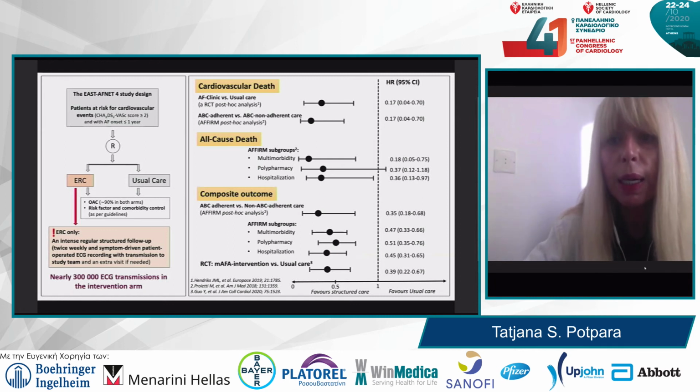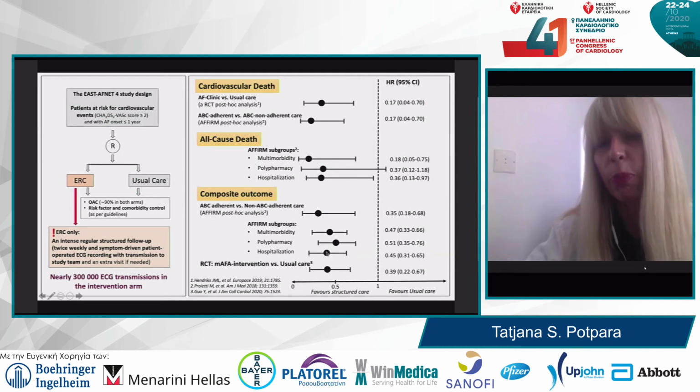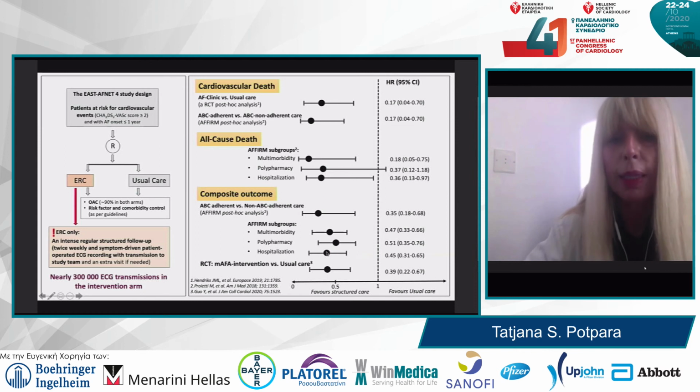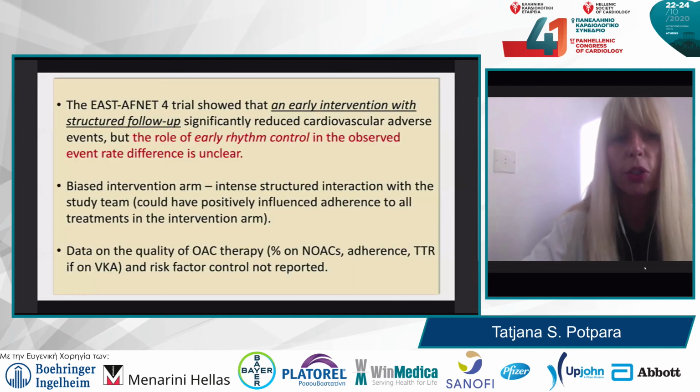It has been clearly shown in post-hoc analyses of other randomized trials, and also in a prospective randomized trial, the mAFA-II trial, that structured, intense follow-up and structured integrated care significantly improve patients' outcomes in comparison to usual care for patients with atrial fibrillation.